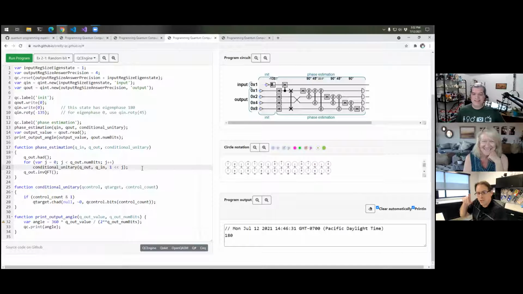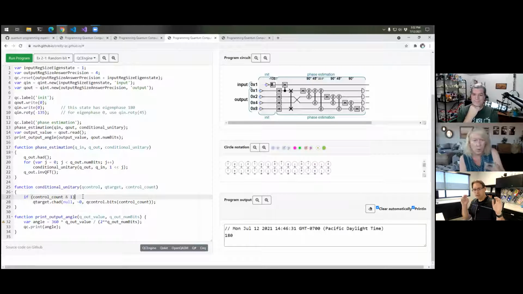With the j, you end up with a whole bunch of zeros and a 1 at the end, and every time you shift it, it adds zeros to the right-hand side of that 1. The very first time you run through it, the 1 is at the far right side on the lowest bit, and every subsequent time that 1 moves up. Well, if you look at line 27, you're ANDing it with 1. So you're basically saying, whatever my control is, if there's a 1 at the very end, then go ahead and do this.